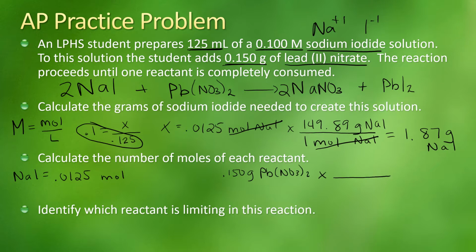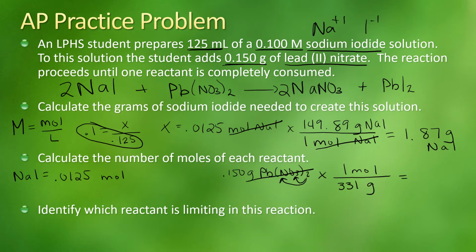Setting this up, I'm going to put 1 mole on top. My molar mass here, I'm going to have 207 for my mass of lead, plus 2 nitrates, so 14 times 2, plus 6 oxygens, 16 times 6. I have a molar mass of 331 grams.